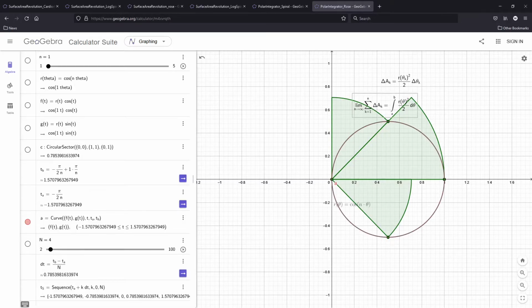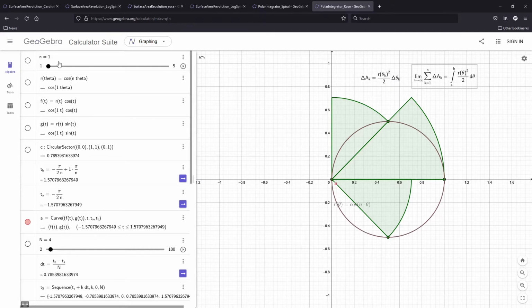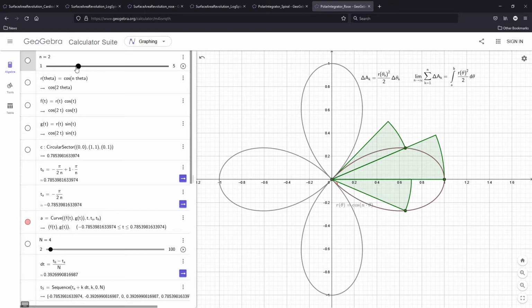So what I want to do is show this on another example that's a little bit more complicated, but not too much more. This is going to be the rose function that we talked about in class the other day and in the last lecture video.